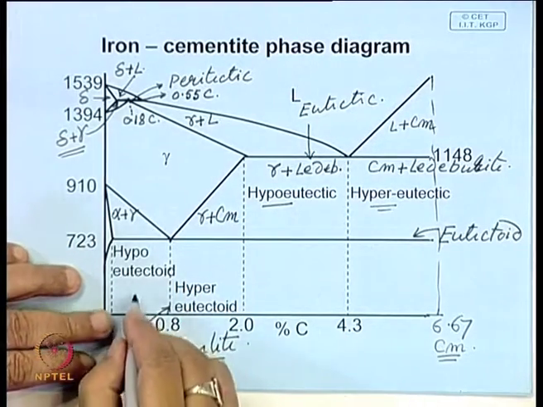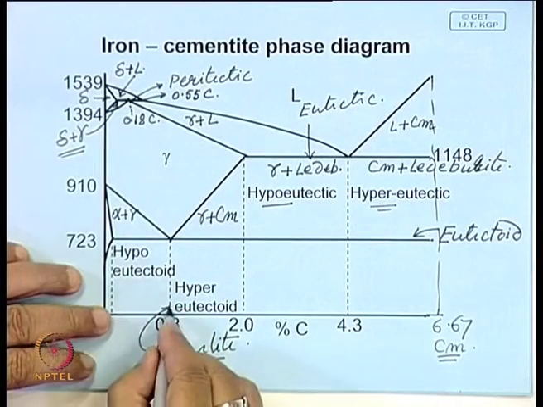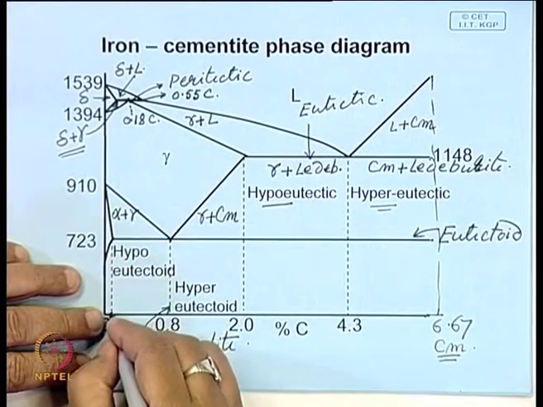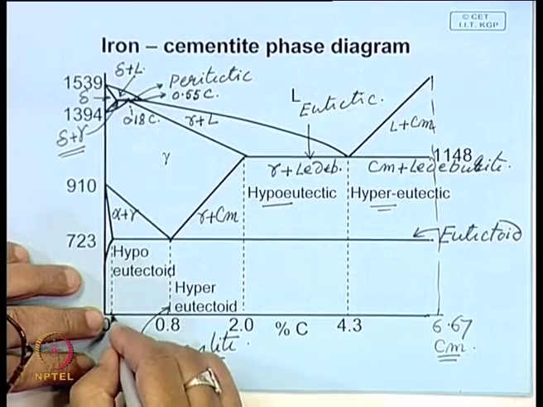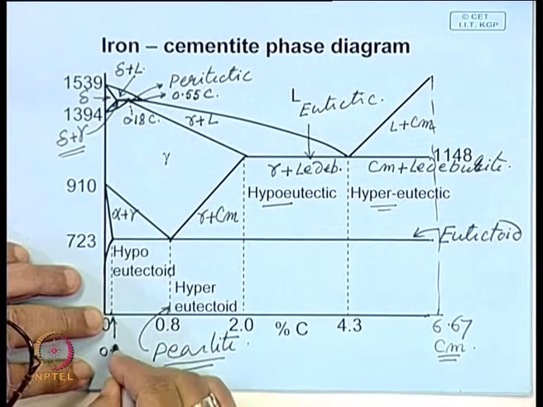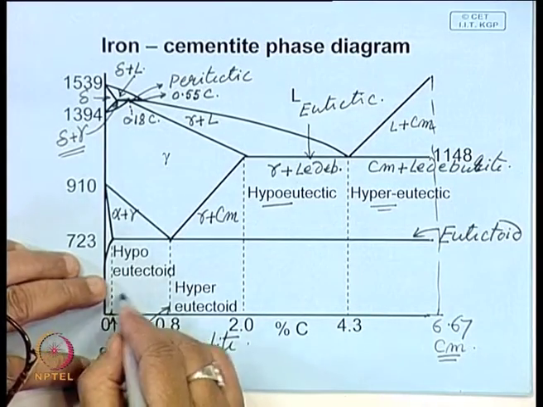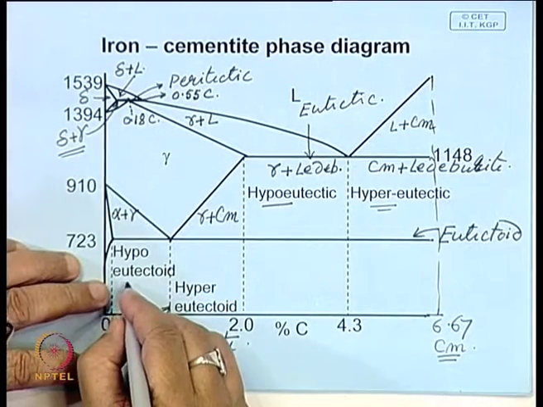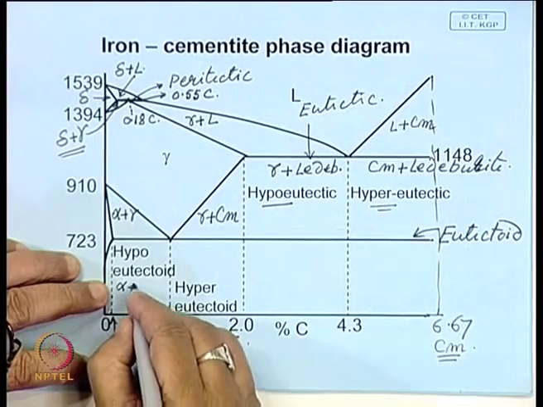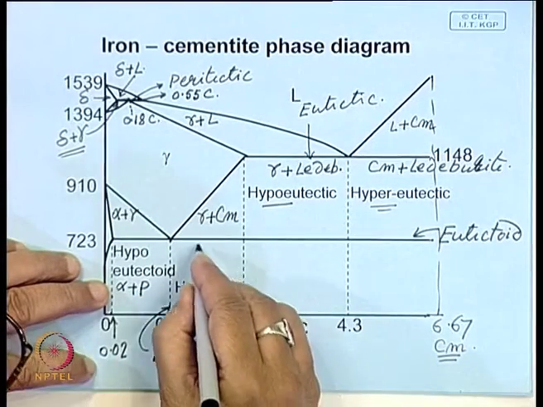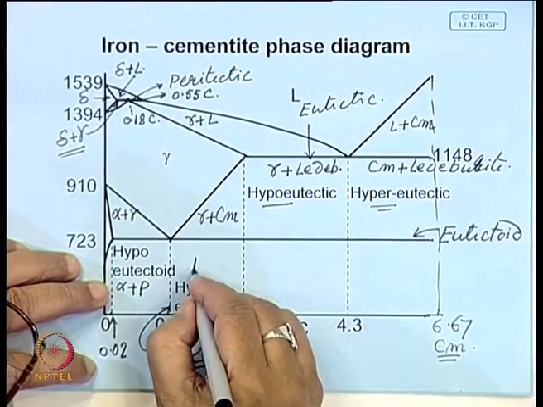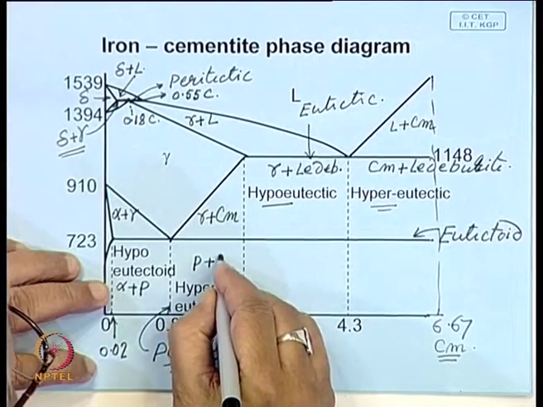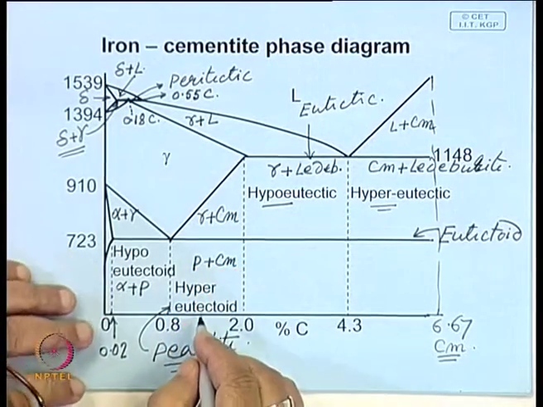So, at room temperature, between this and the maximum solubility, which is around 0.02, you have hypoeutectoid still, where the structure will be ferrite plus pearlite, and here the structure will be pearlite plus proeutectoid cementite.